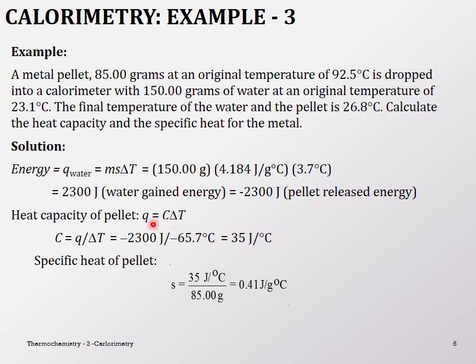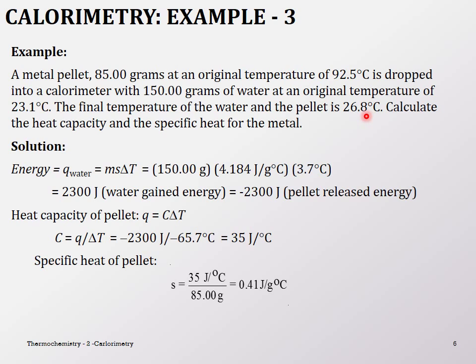So heat capacity is given by Q is equal to C delta T, and remember, C is the heat capacity, Q is the amount of energy. The Q is what we just calculated over here, C is what we are calculating for, delta T is the change in the temperature. And the change in the temperature then would be minus 65.7 degrees Celsius, because it is going to be 92.5, which is the initial temperature of the pellet, and then 26.8, which is the final temperature.